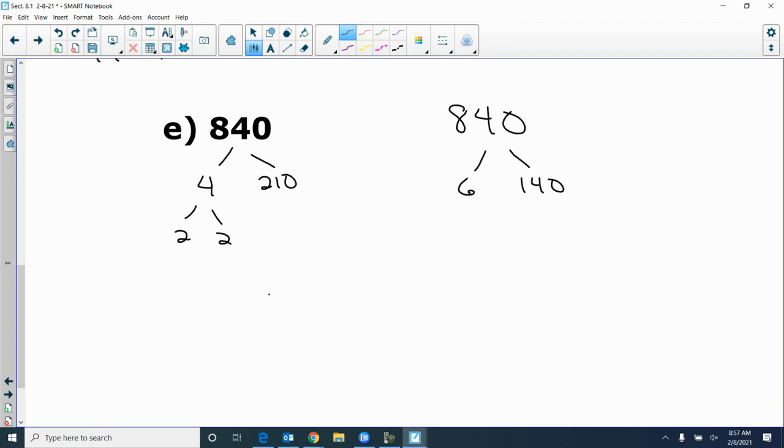Now, one thing, sometimes it helps your factor tree to be a little bit smaller. If you pick numbers closer to each other, it doesn't make it better. It just makes it maybe a little bit smaller. So 210.